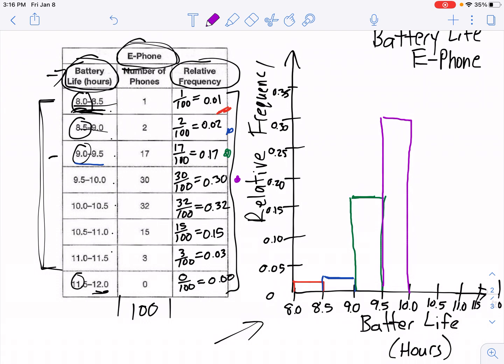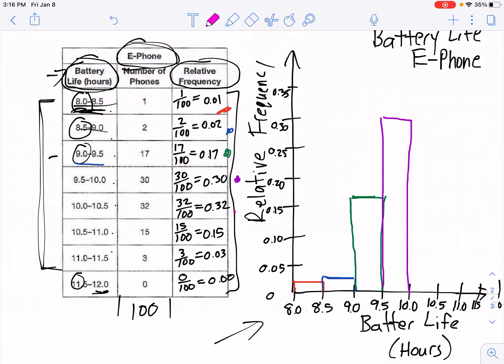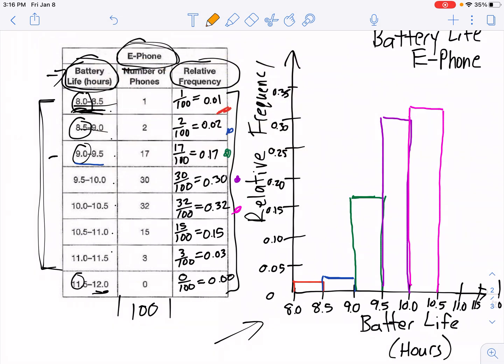And then from 10 to 10.5, we're at 32%, so just a little bit higher. Maybe about right there. Okay. And then from 10.5 to 11, we're at 15%, so just a little lower than the green bar there.